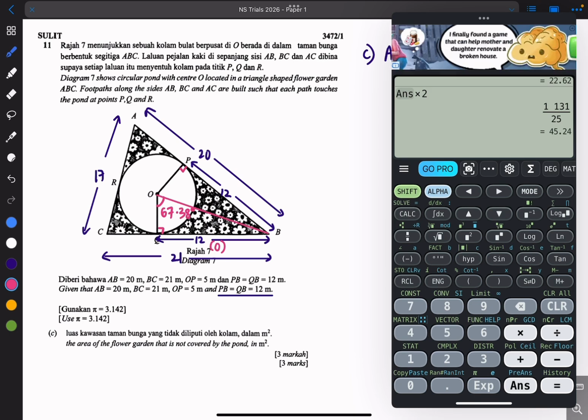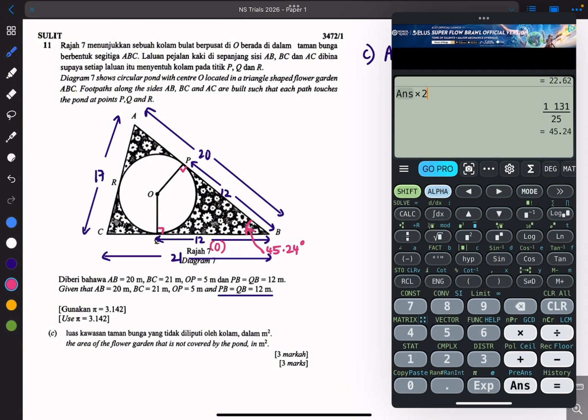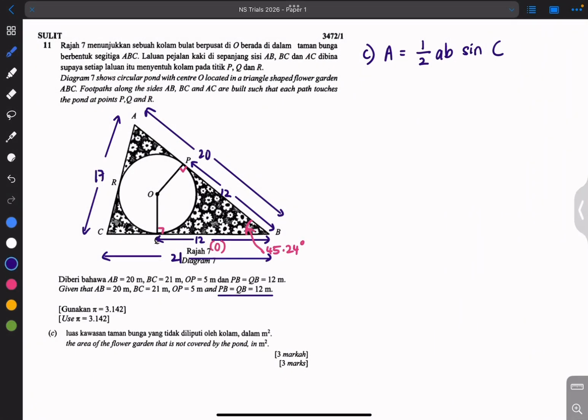So this angle is 45.24. Now we can do 1/2 AB sin C. For our triangle formula, if we take these two lines as A and B, this will be our angle C. The angle must be in between the lines.